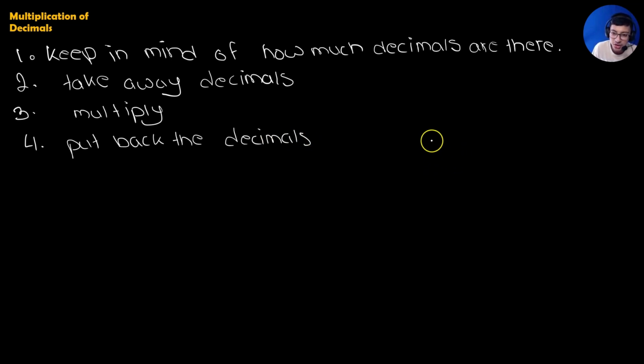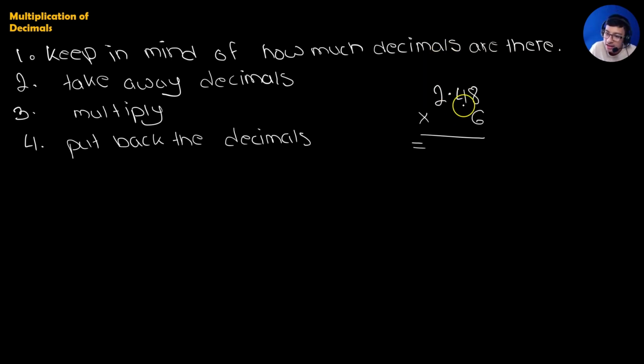So let me show you. Our first example, 2.48 times 6. Let's use our little method that we've created. First, keep in mind how many decimals are there.